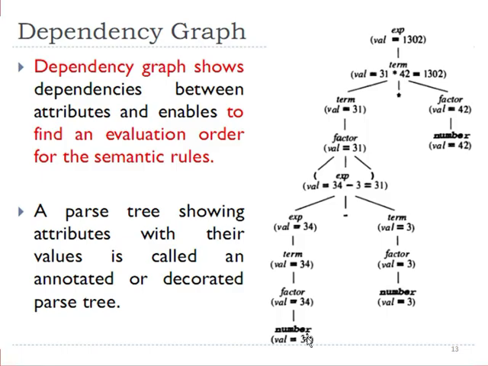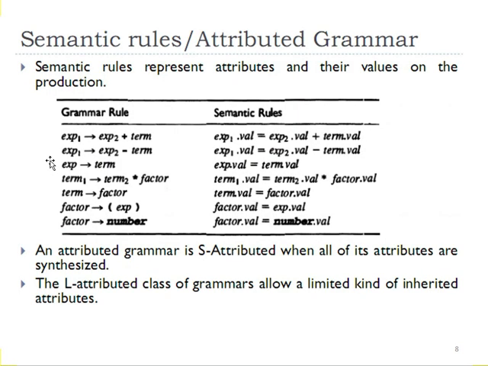For 34, the first production rule says factor derives number, which says factor.val equals number.val. Here val is the attribute which carries the semantic meaning. This semantic rule says that the value of the grammar symbol factor is calculated from the value of the grammar symbol number.